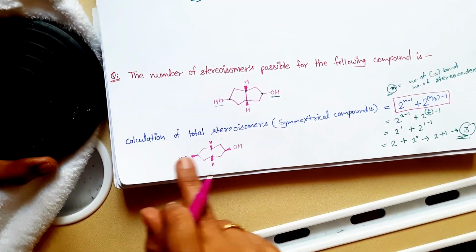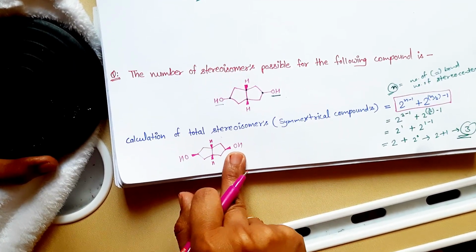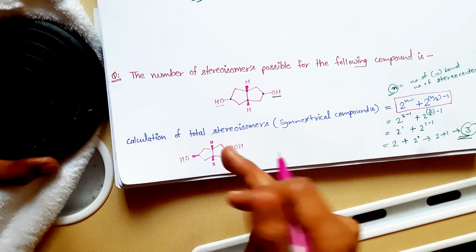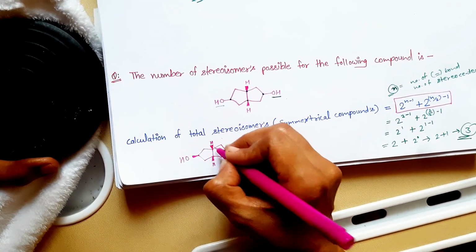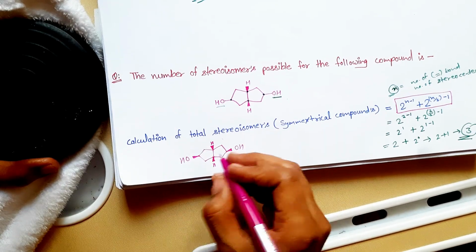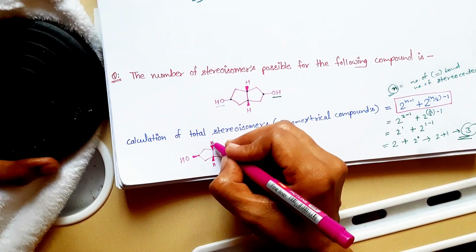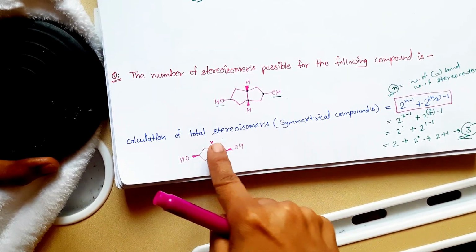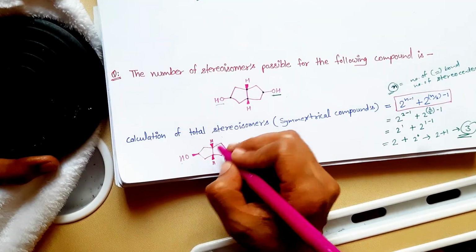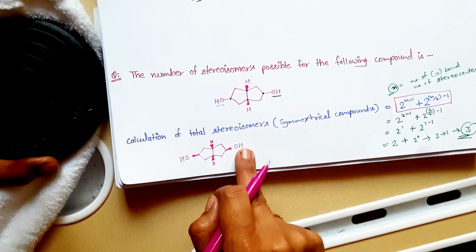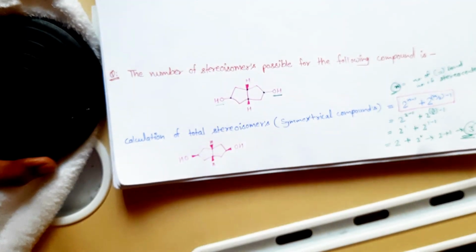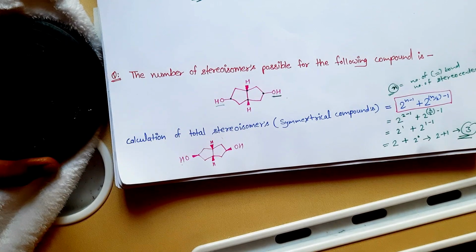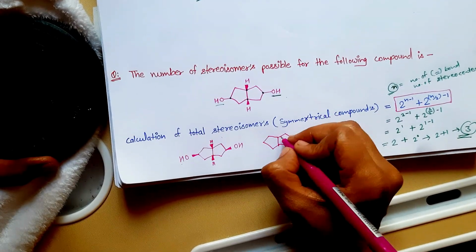So these two groups come in a cis position, and both hydroxyl groups are present on the same plane as the hydrogens. These two hydroxyl groups and these two hydrogens, all four, are in the upward direction.